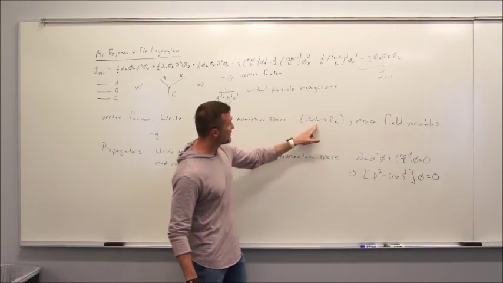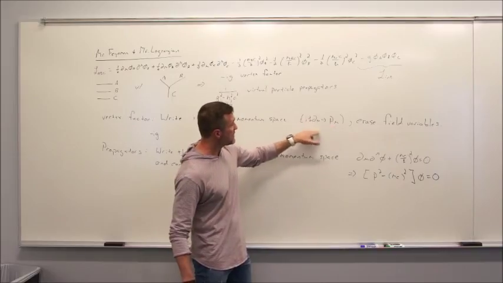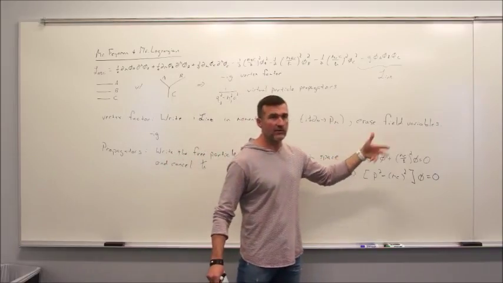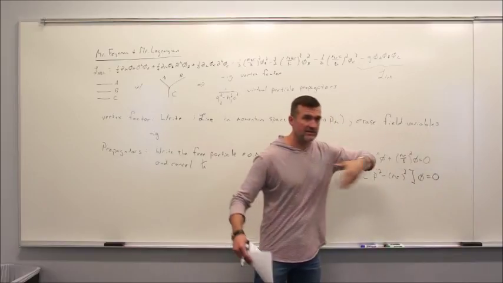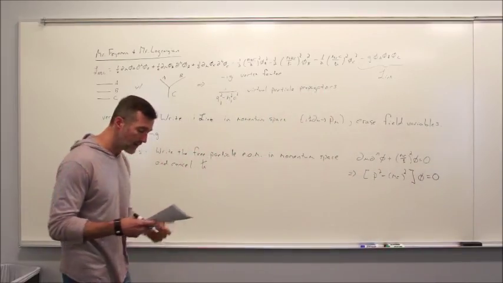When I replace these derivatives with p mu's, the p mu's will come with 1 over h bars. There'll be 2 of them, and then this whole thing is equal to 0, so you can just cancel off the 1 over h bar squared.